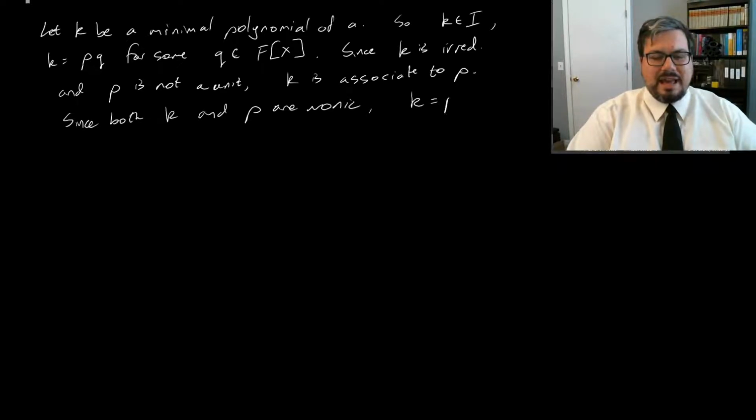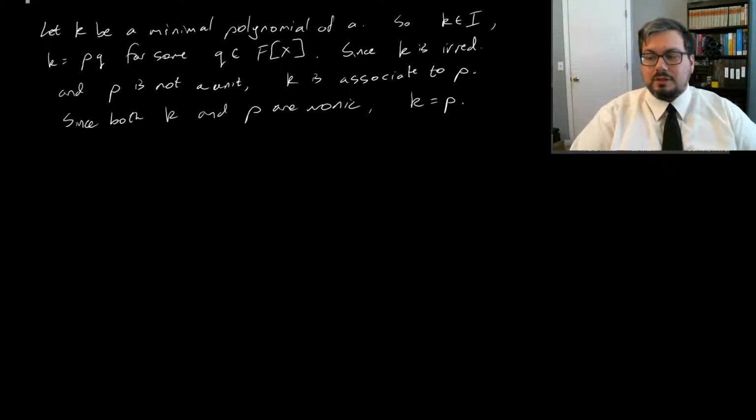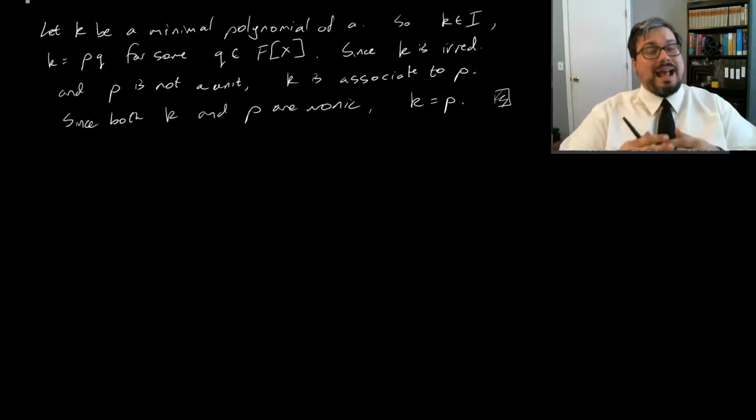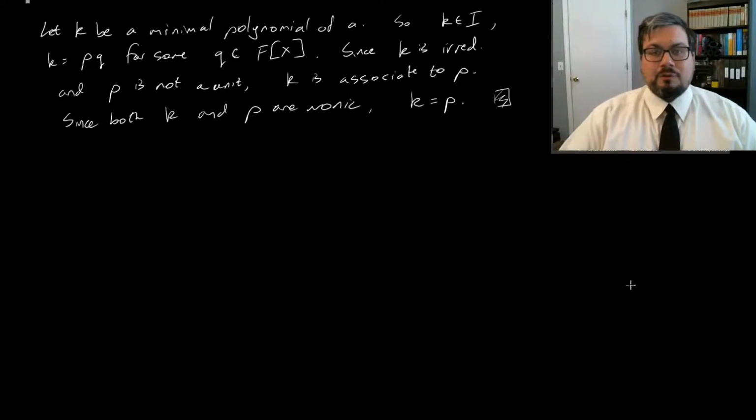So that means that K and P actually have to be equal. So that finishes the proof that shows that there is in fact one and only one. There is exactly one minimal polynomial for any algebraic element over a field.